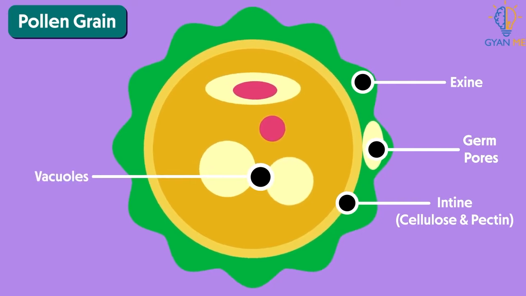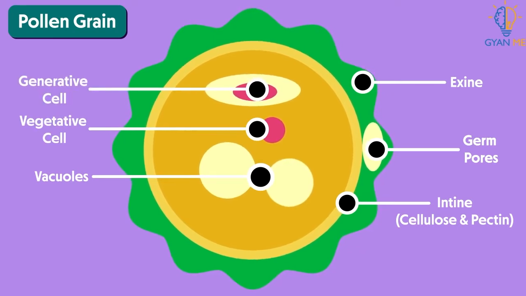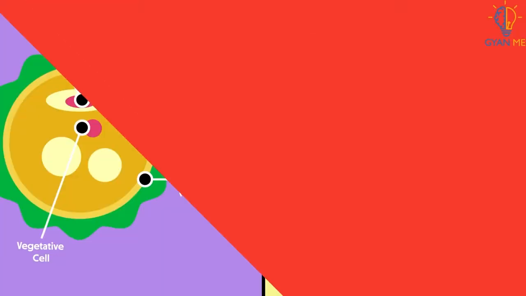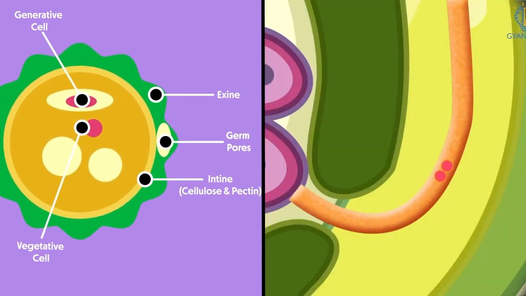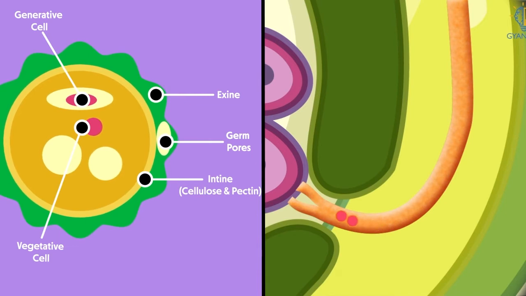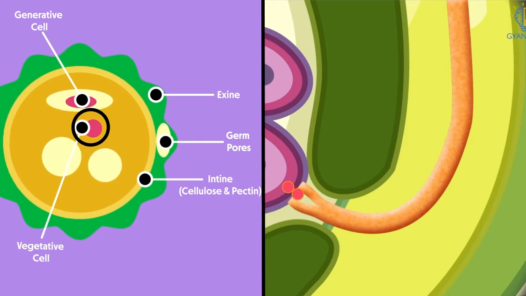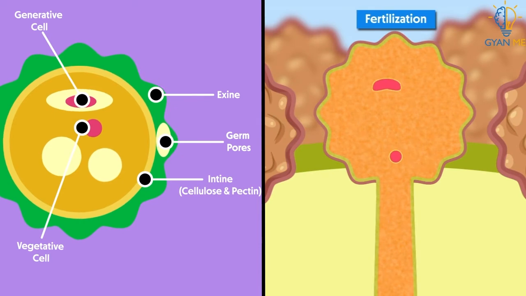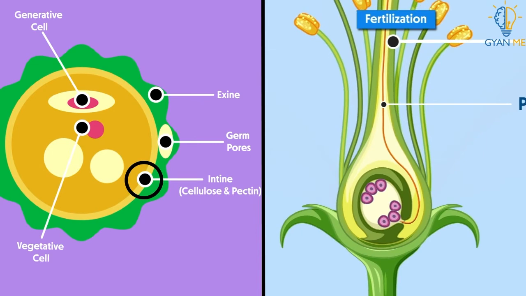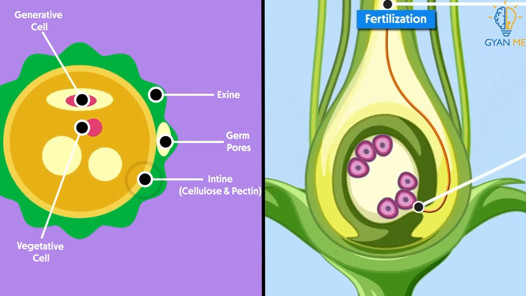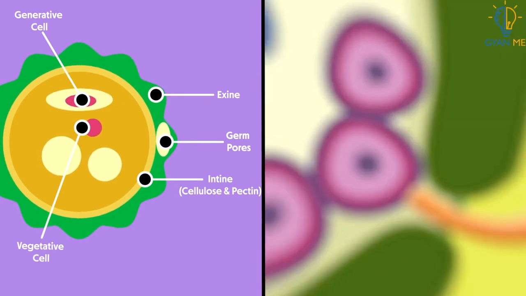Matured pollen grains contain two cells, the vegetative cell and the generative cell. The generative cell divides mitotically to form two male gametes when they reach near the ovary of the flower. The vegetative cell provides nutrition to the generative cell, and the inner layer, intine, comes out through the germ pore as the pollen tube, which then enters the ovary for fertilization.